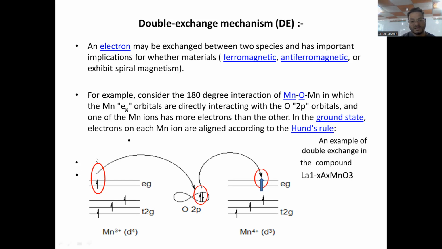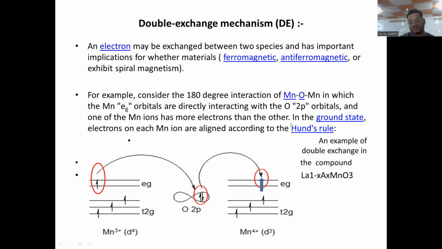But very clearly, very sensitively with Hund's rule, because the electron will change its spin direction one time, specifically at the oxygen station, and after that come back like that.